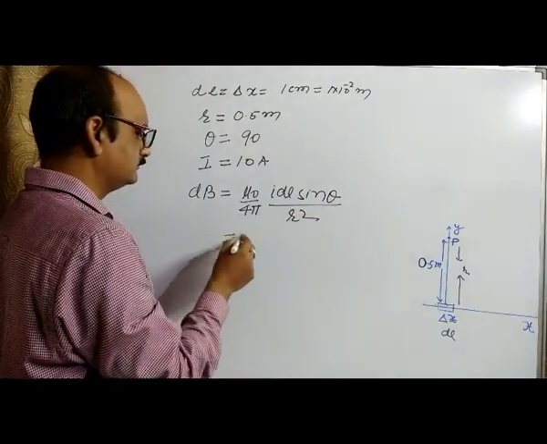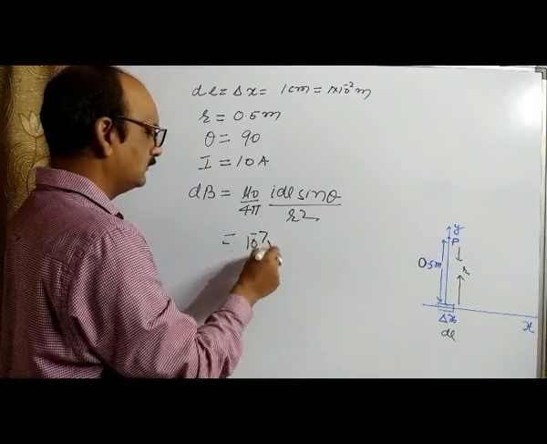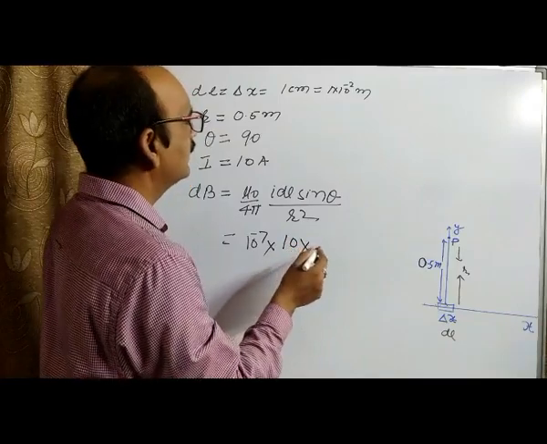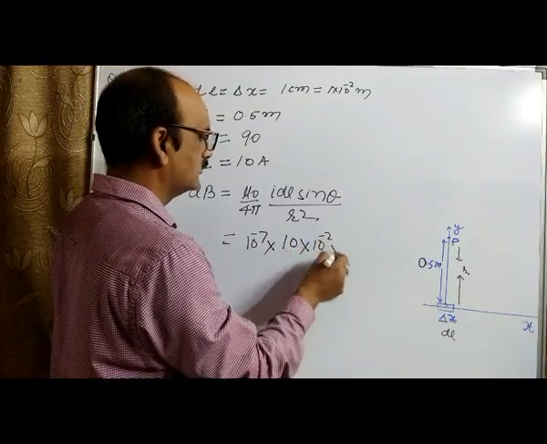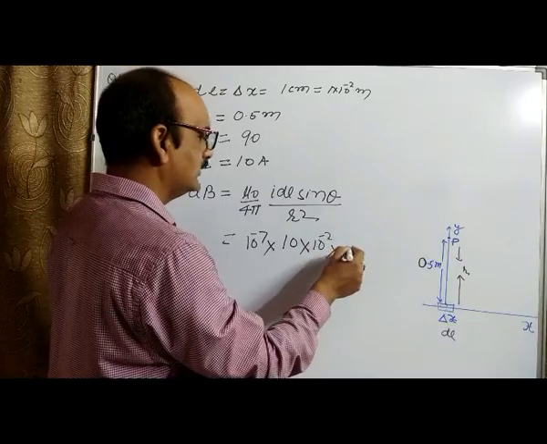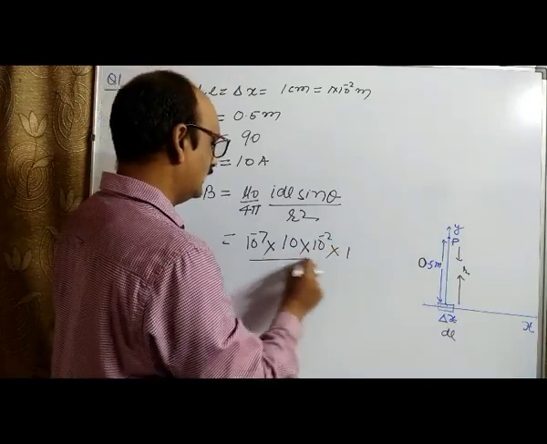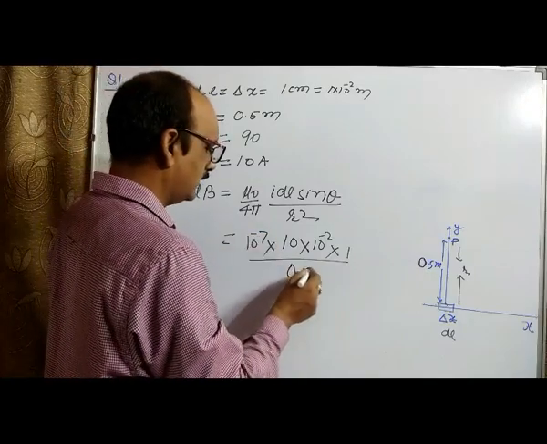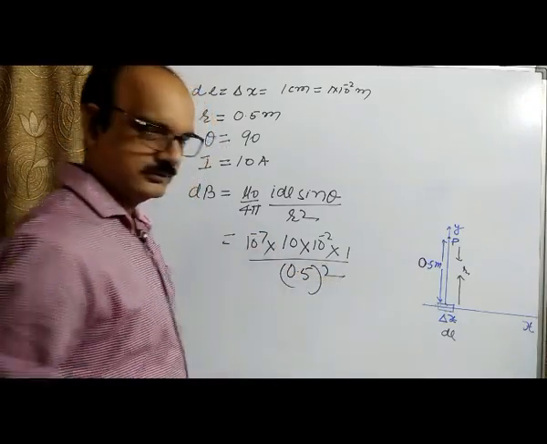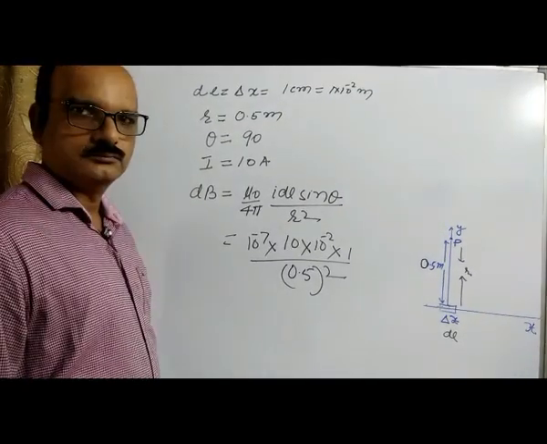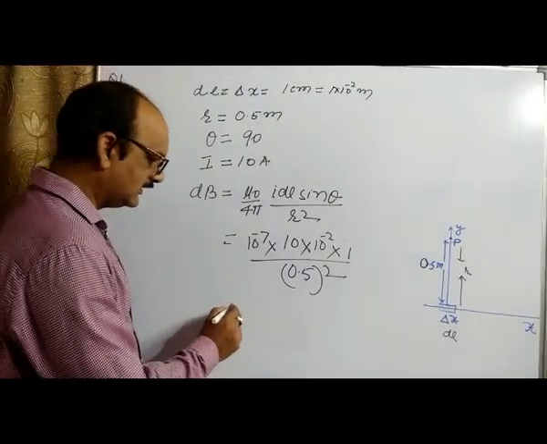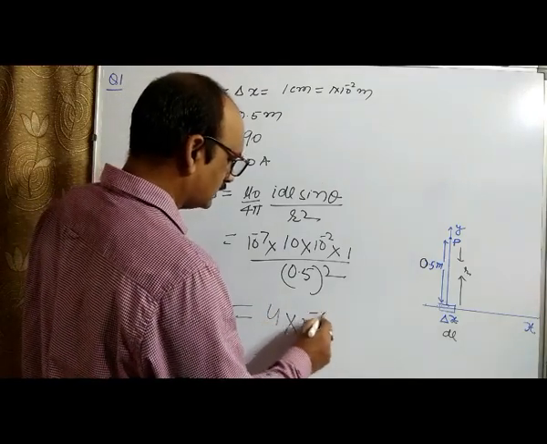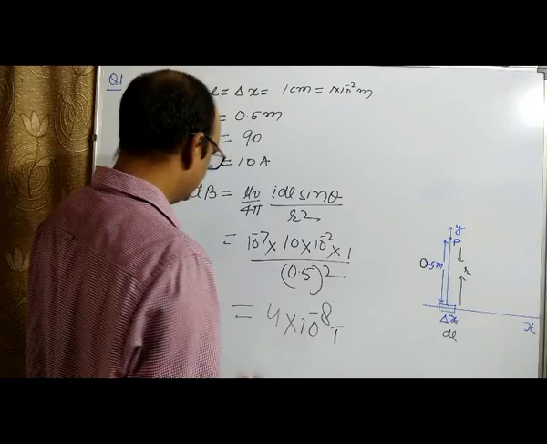Substitute the value: 10 to the power minus 7, I is 10 ampere, dl is 10 to the power minus 2, sin 90 is 1, and R is 0.5 square, and this is equal to 4 into 10 to the power minus 8 Tesla.